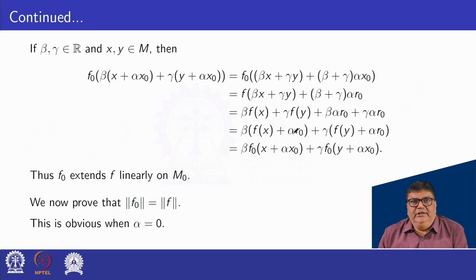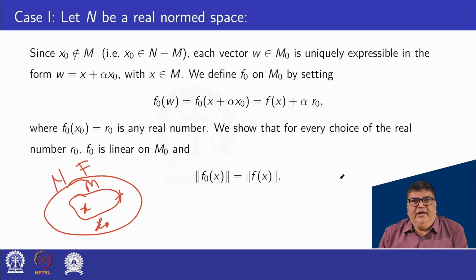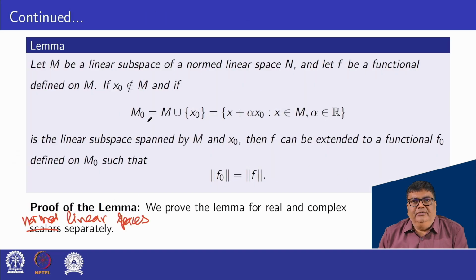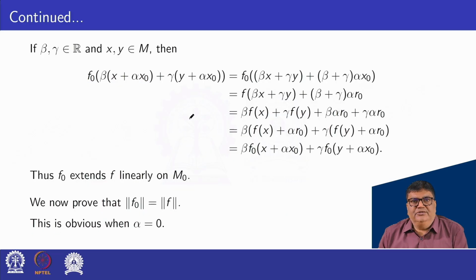Okay, so this can be written as f(x + alpha r0) as beta f0(x + alpha x0) plus gamma f0(y + alpha x0), because f0 is defined for M0. Okay, and the vector for M0 is defined as x + alpha x0. This shows that f0 extends f linearly on M0.